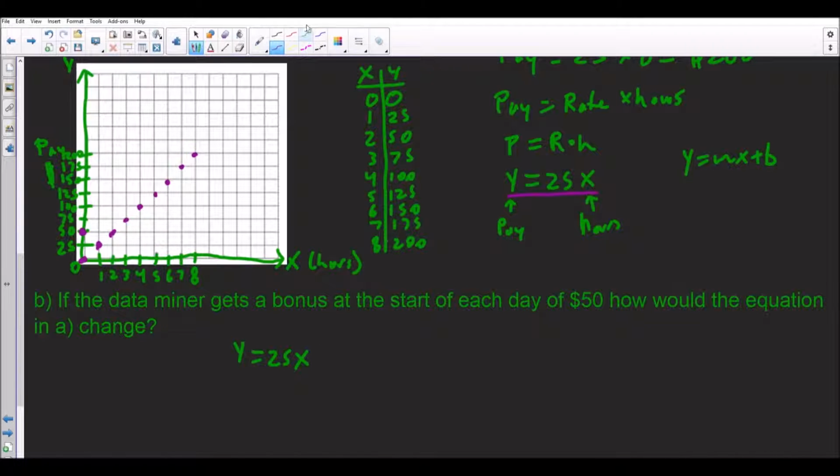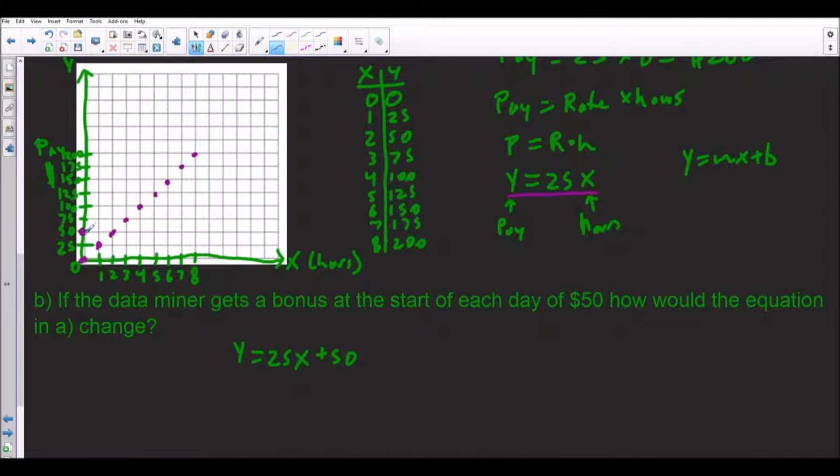So all that would change would be the y-intercept. So if it's a bonus at the start of the day, all we do is change b, right? Instead of b being 0, which is what we had here, b would be 50 because you're starting at 50. So then if we were to plot that, we can just use our slope.